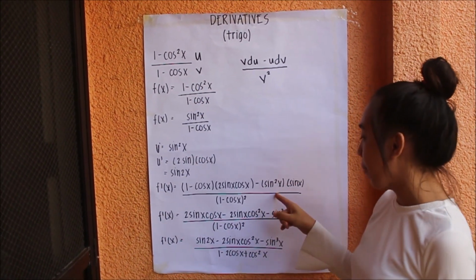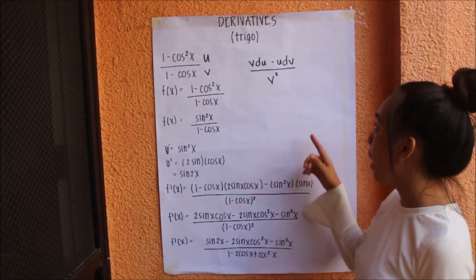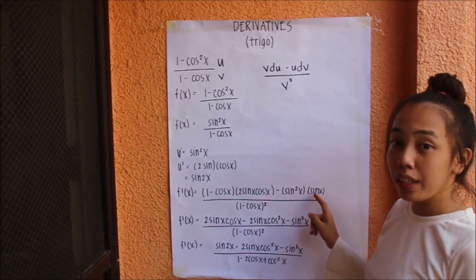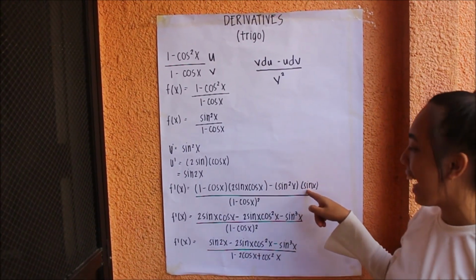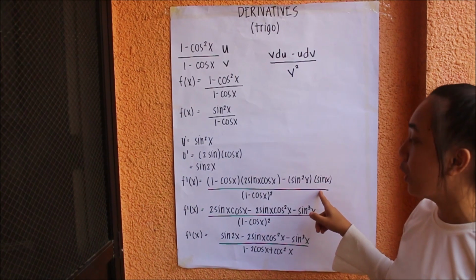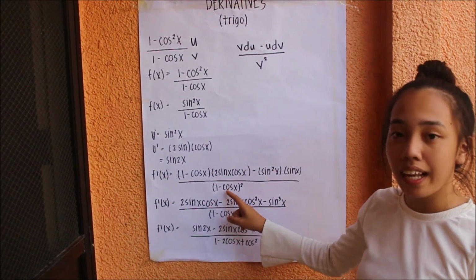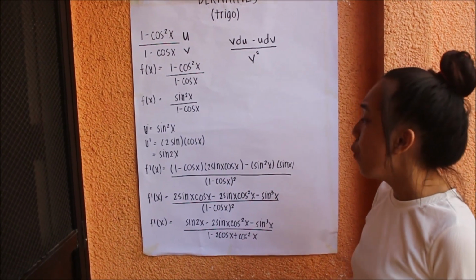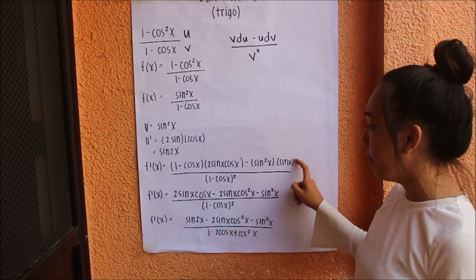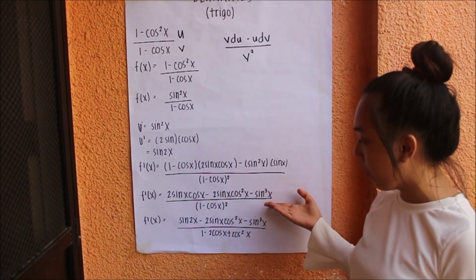So that is why. After that, we are going to copy the derivative of v. We have sine x over v squared. So we have 1 minus cosine x squared. After that, we are going to multiply these terms and we come up with this equation.